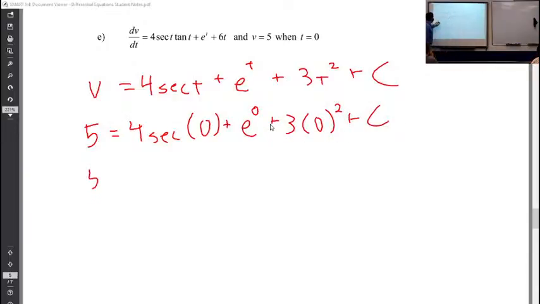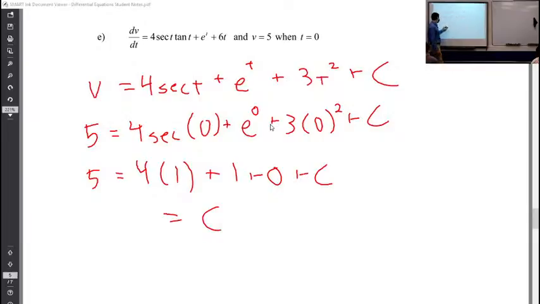And so let's do some evaluations here. Oh, hey, that's what's going to happen. Secant of 0 is cosine of 0 flipped. That's the way I think about secant of 0. So take cosine of 0 and flip it. And so cosine of 0 is 1. Flip it, still 1. E to the 0, 1. This is 0. And so that's going to create C being 0.